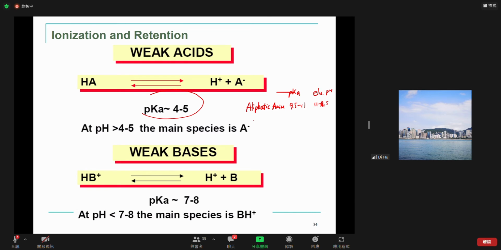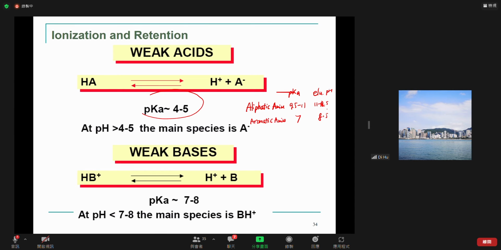And for aromatic amine, its pKa value is about 7, and some can be even lower, so here the elution pH is about 8.5.